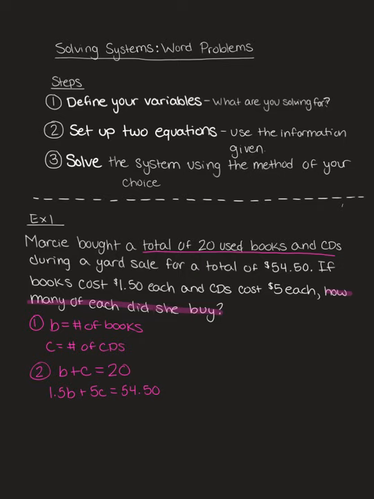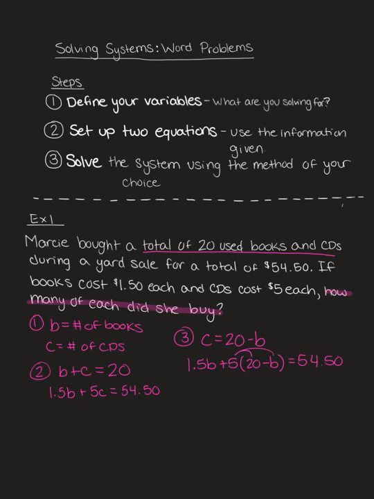Now we need to solve. You can use the method of your choice. Because I have variables with the coefficient of 1, I am going to use substitution. If I isolate C, C is going to equal 20 minus B. I plug in that value for C in the other equation, and then I solve.